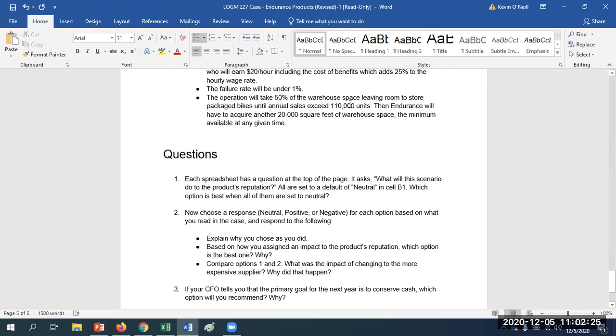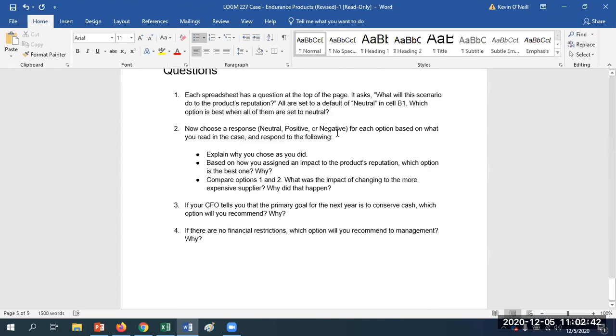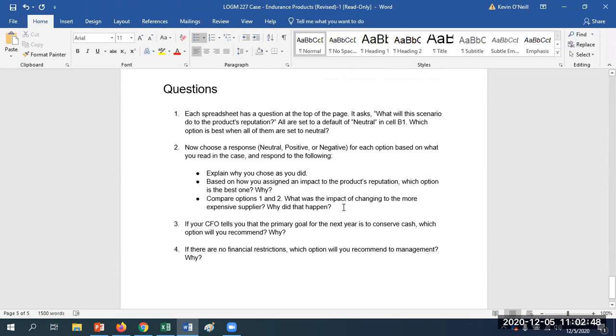So basically, until you go over 110,000, you're going to be able to use existing excess space that you have. But otherwise, you're going to have to acquire an additional 20,000. So I'm going to show you the spreadsheet, but first of all, are there any questions about that case write-up?